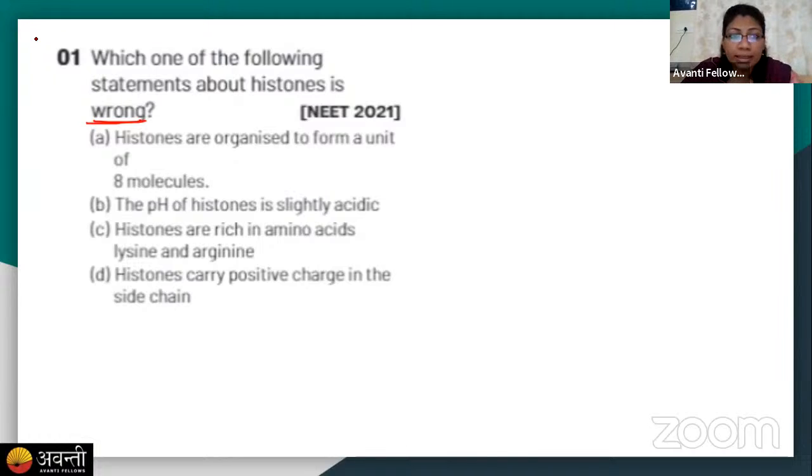So your option A says the histones are organized to form a unit of 8 molecules. Option B says the pH of histone is slightly acidic. Option C says the histones are rich in amino acids like lysine and arginine. And option D says the histone carries a positive charge. Okay, so you have to give your answer through this MCQ poll.